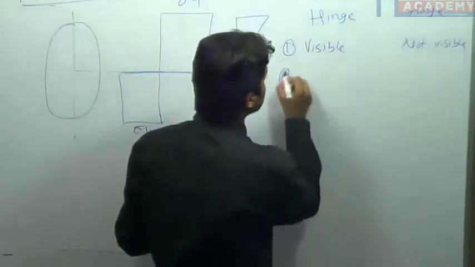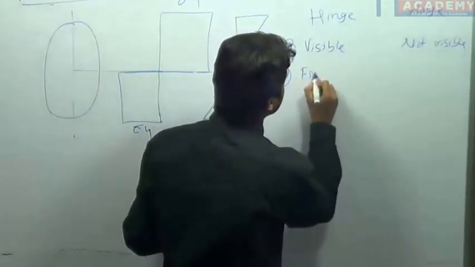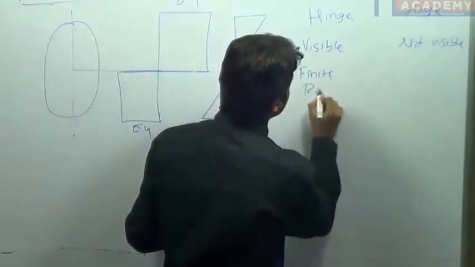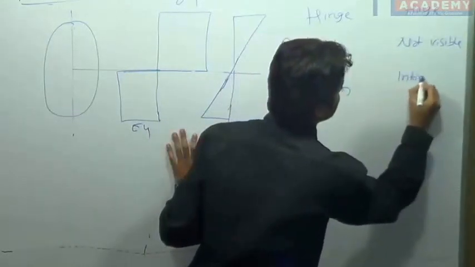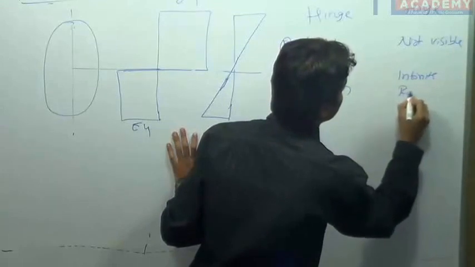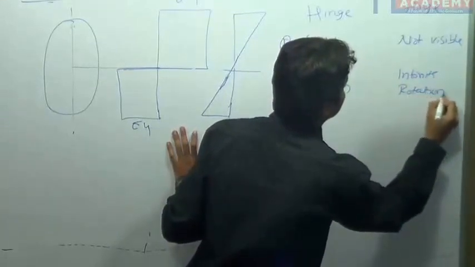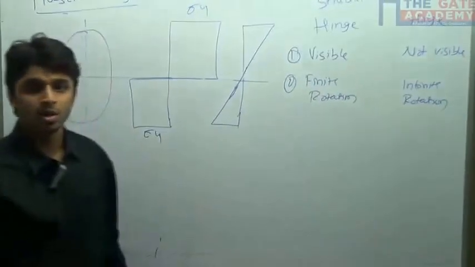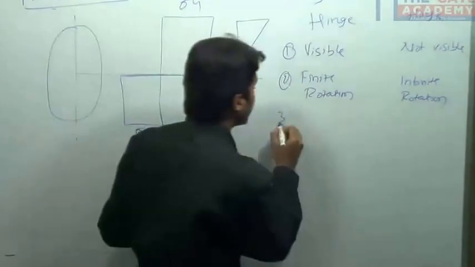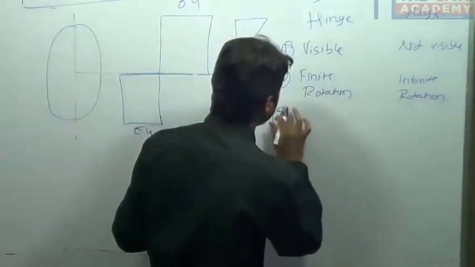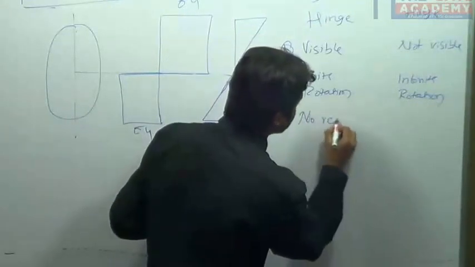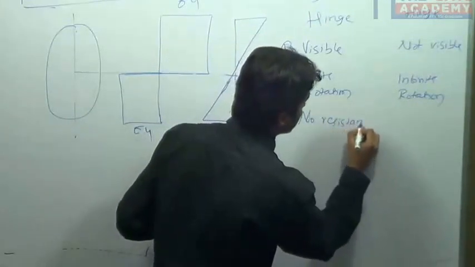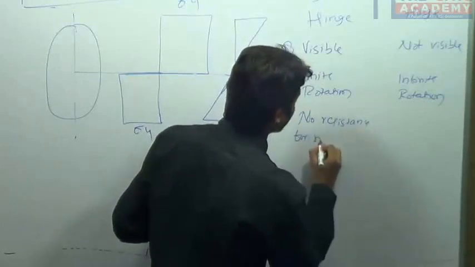The second one is that the structural hinge will undergo finite rotation, whereas the plastic hinge will undergo infinite rotation. And the third one is no resistance for moment.